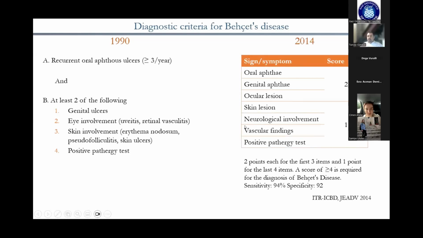But in 2014, a point-based approach was suggested, and in these criteria, neurological involvement was also present and takes 1 point. So across all these signs and symptoms, if you reach at least 4 points, you can make a diagnosis of BHS with 94% sensitivity and 92% specificity.